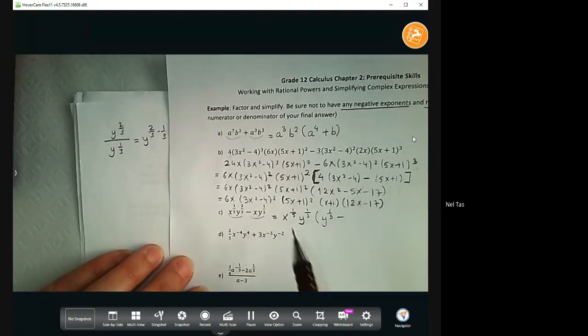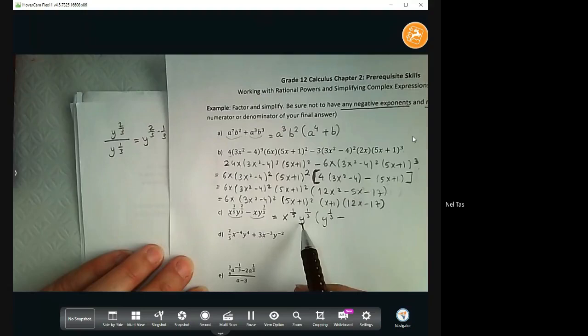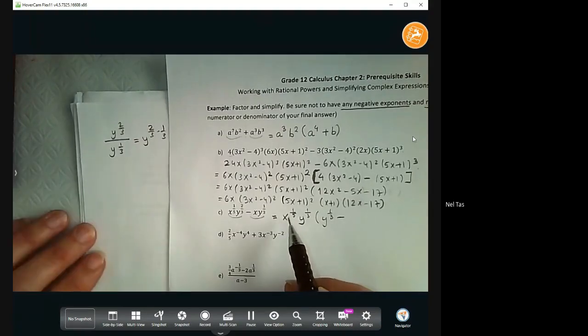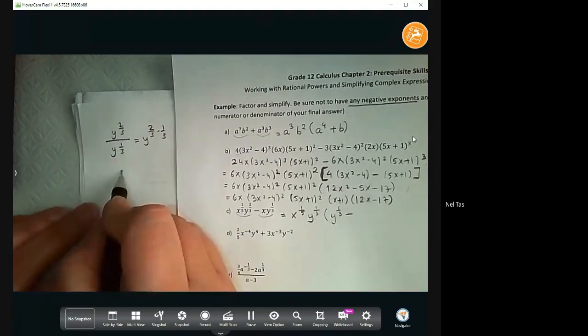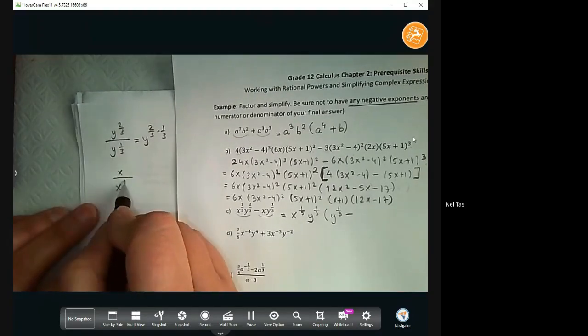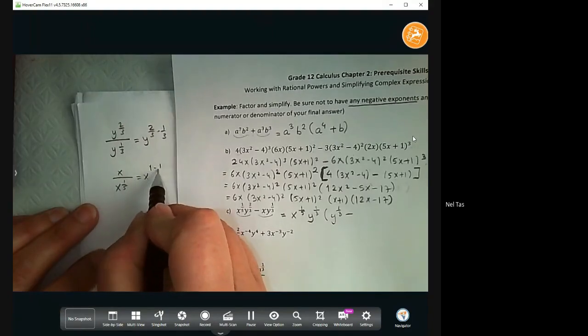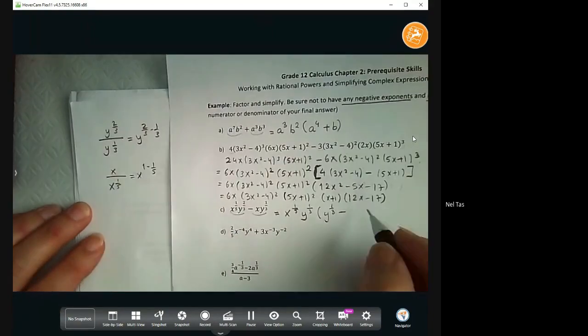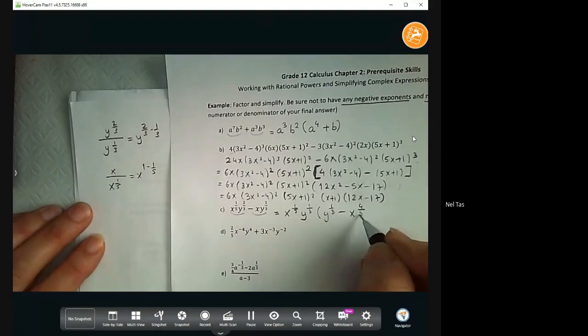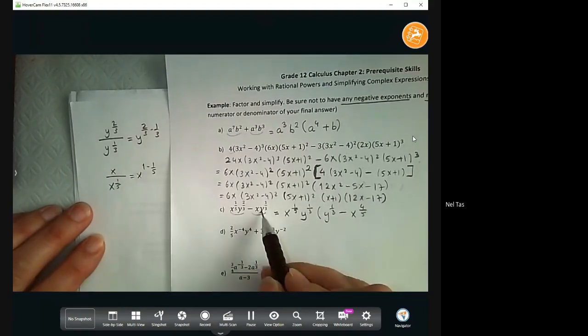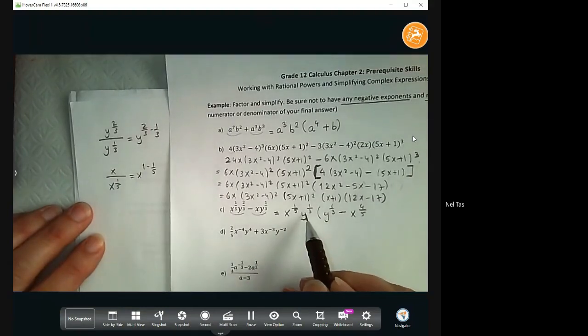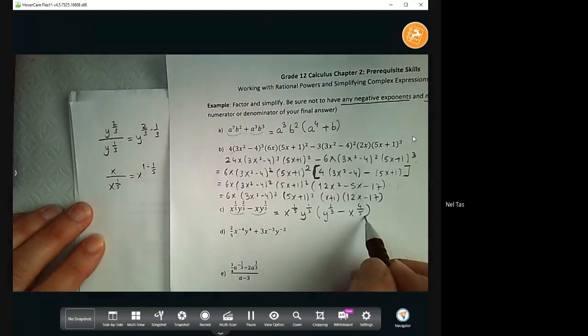Now we divide the second term by the common factor, x divided by x to the power of 1 over 5. So you keep x, you subtract the powers. That will give you x to the power of 4 over 5. Y to the power of 1 over 3 divided by y to the power of 1 over 3 is 1. So we are done.